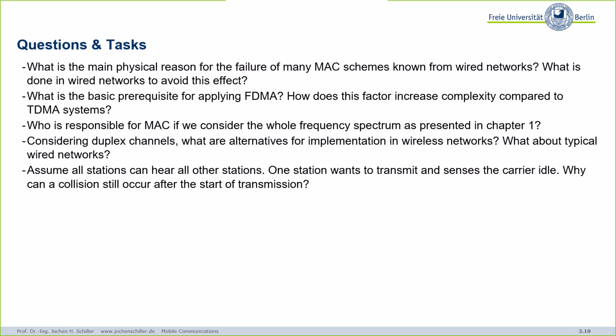Well, the point is, you're right. You can use the medium, either space for wireless systems or a wire, on the same frequency for both directions, because, as you wrote, exactly, you know what you send.